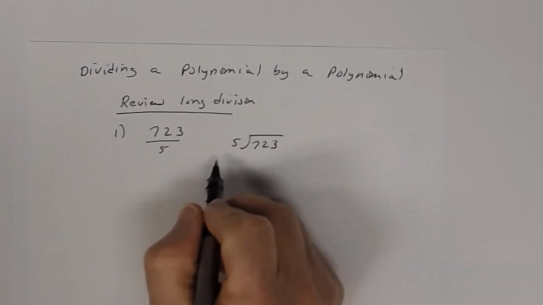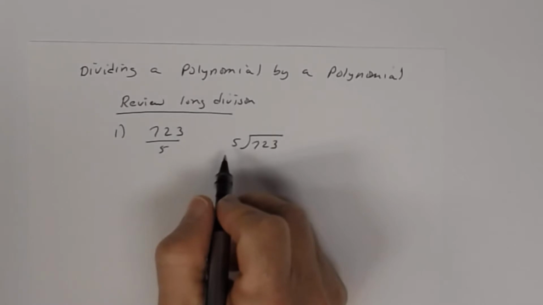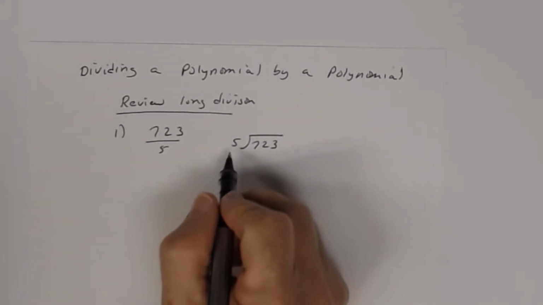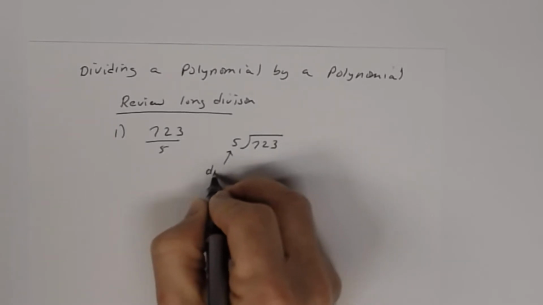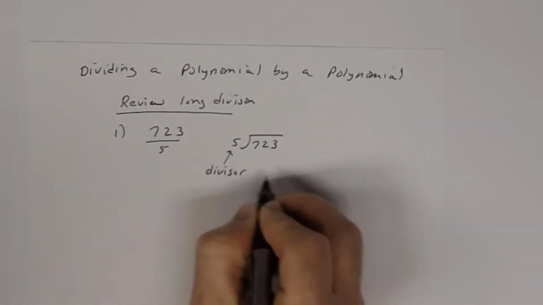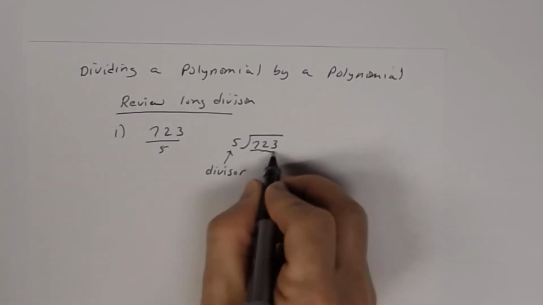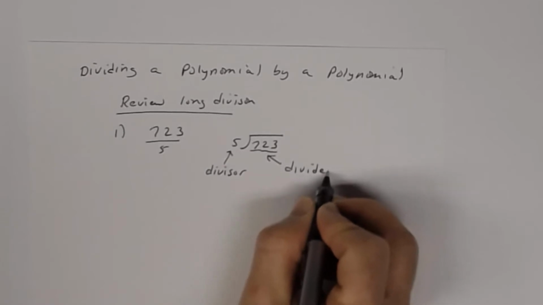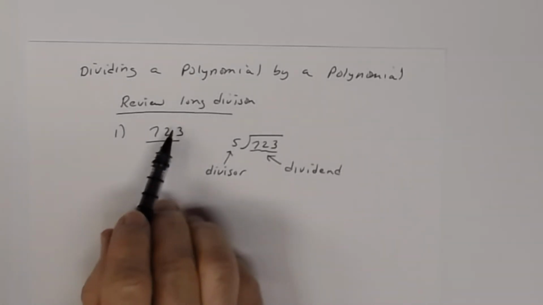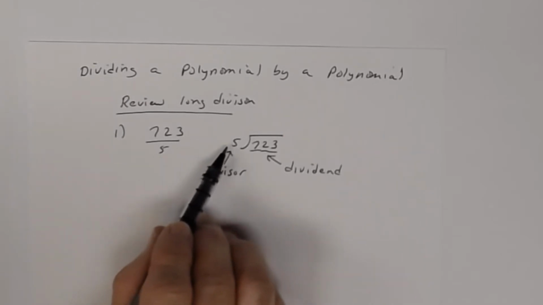So there's a couple of words that you need to know at this point. You need to remind yourself of those words. Remember, this 5 right here is called the divisor. The 723 is called the dividend. So the numerator is your dividend, the denominator is your divisor.